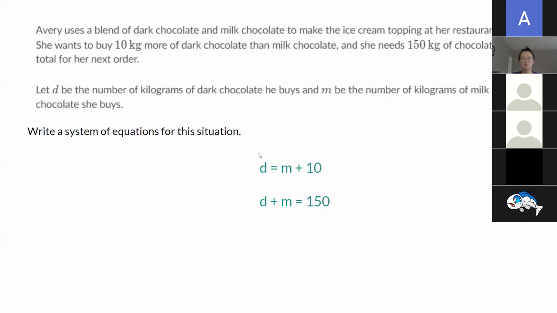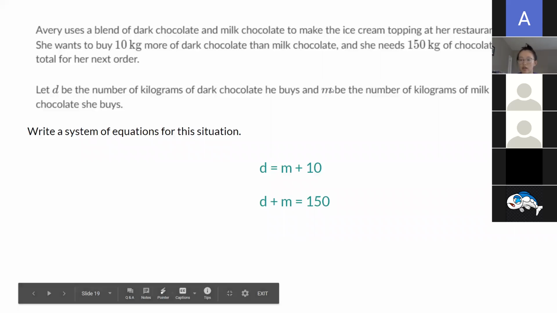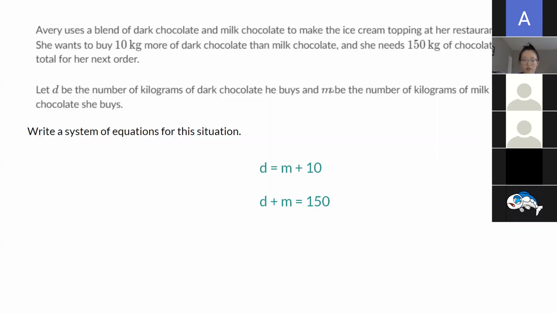So this is the answer for those of you who wanted to check your answers. In order to solve this: Avery uses a blend of dark chocolate and milk chocolate. She uses 10 kilograms more of dark chocolate than milk chocolate.